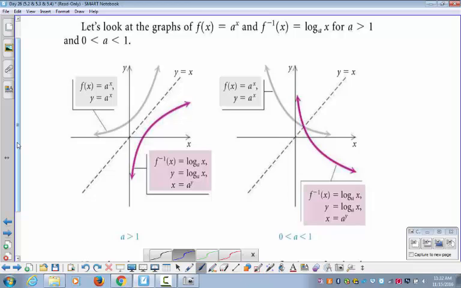That's how you graphically think of two functions that are inverses. They're reflections through the line y equals x. So y equals a to the x, or let's use the easier function notation, f of x equals a to the x. That's that one, and the inverse function is log base a of x.